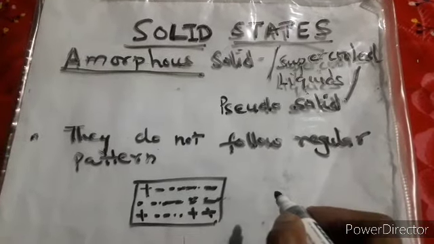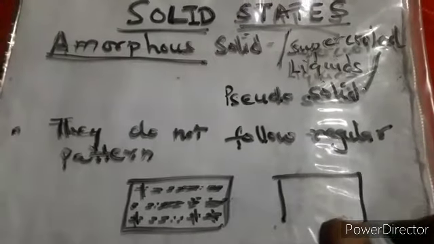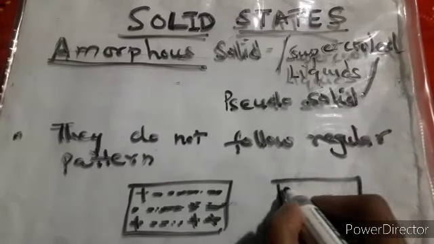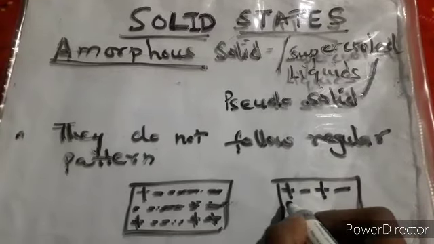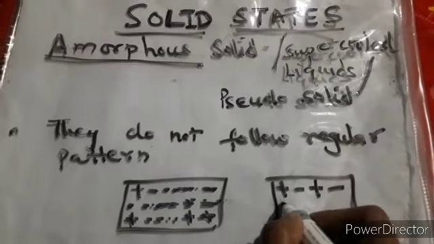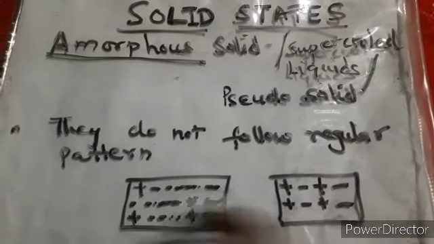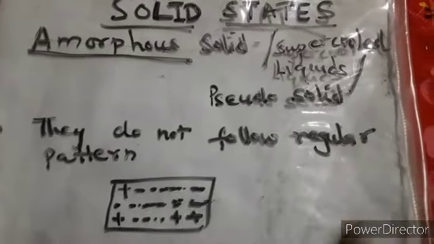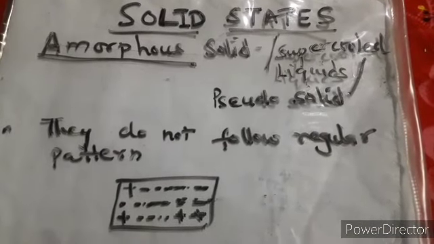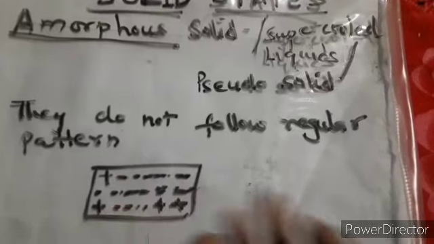But if they have a regular pattern, like in the previous crystalline form, they will follow it in that manner for the entire case and will not change, right? So this is the irregular pattern, or they do not follow the regular pattern.